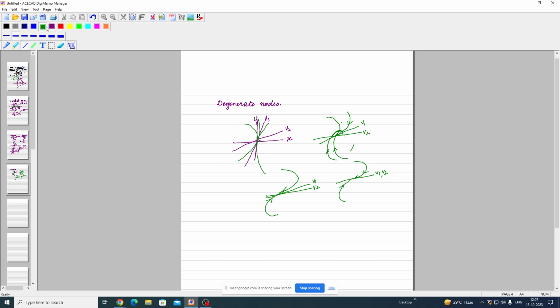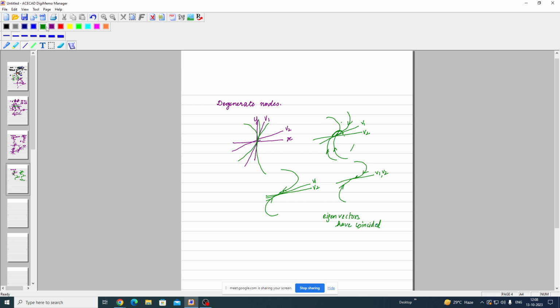So this is a case of degenerate node. When the eigenvectors coincide with each other, but the flow lines still behave as if they are infinitesimally separated from each other, then we are dealing with degenerate nodes.